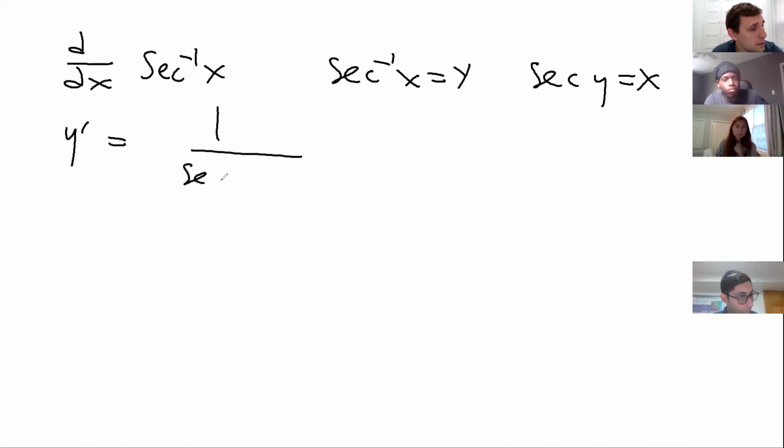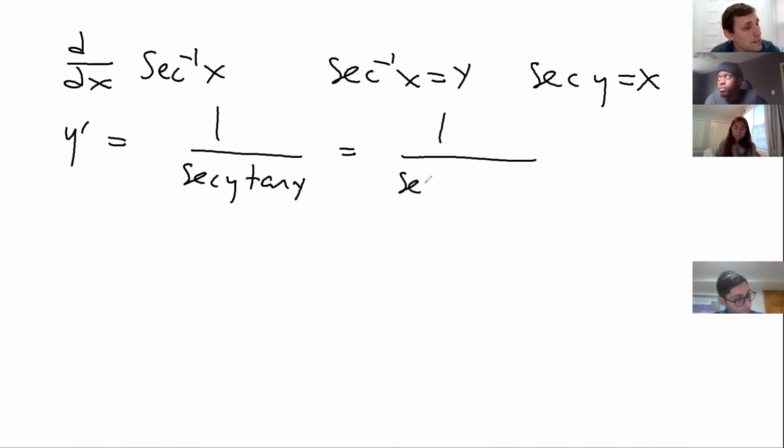Remember what it is. It's secant y tangent y, which is 1 over secant of secant inverse x times tangent of secant inverse x.